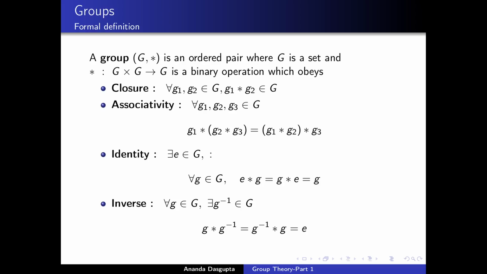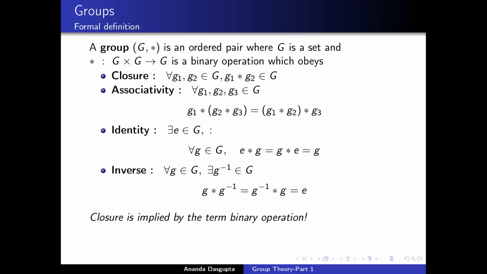However, there is a reason why I did not talk about closure till now, because frankly, if you say star is a binary operation, a map from G cross G to G, then that implies closure. The very term binary operation implies that the set G is closed under the action of star.